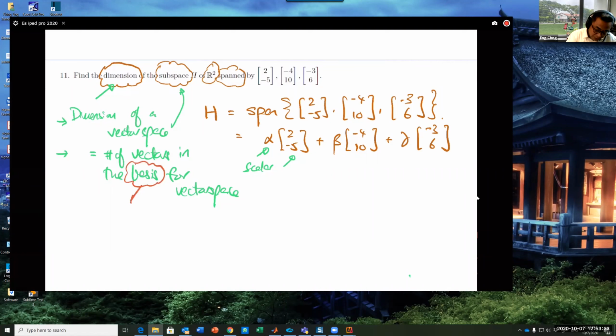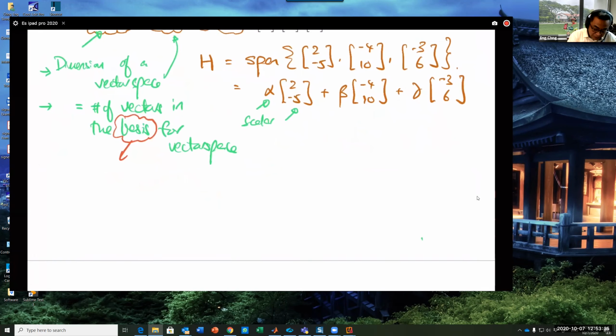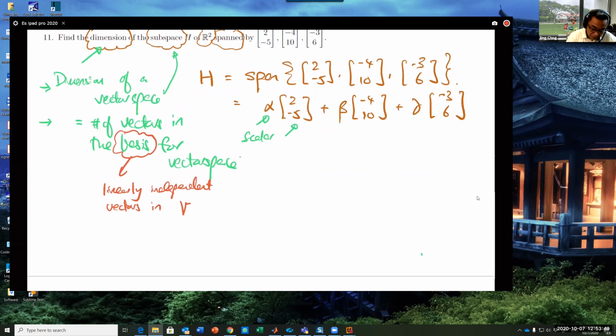Just now in the previous question, we have already figured out what a basis is: the linearly independent vectors in the vector space, which we call V, that span V. So we are saying go into V and find independent vectors, make sure that they are independent, and after that, just count them. And that's it. That's the dimension.